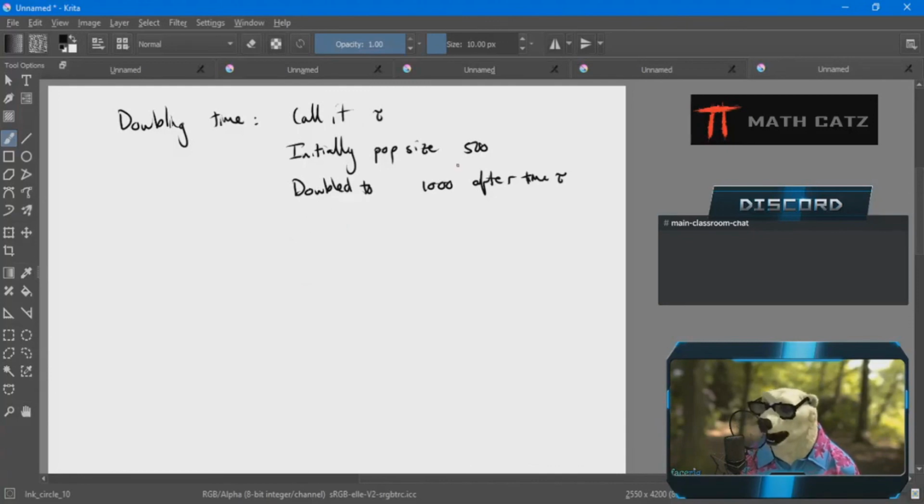If we want to find that doubling time, this means that y of this doubling time period is 2 times 500. Now, I'm not married to the 500. It could be anything. Let's change it. If I make that y0, any initial population size, then I have to change these as well.